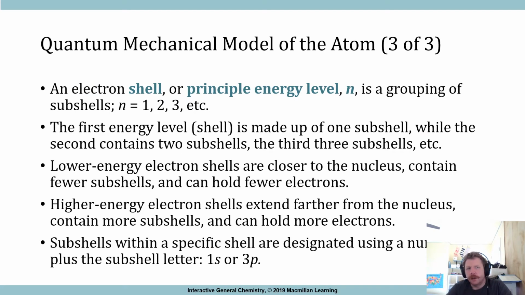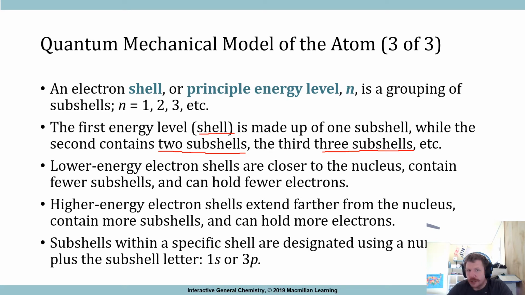Now, an electron shell or principal energy level n is a grouping of subshells. n equals 1, 2, 3. It's going to be a positive value. The first energy level, or the first shell, is made up of 1 subshell, while the second contains 2 subshells. The third contains 3 subshells.